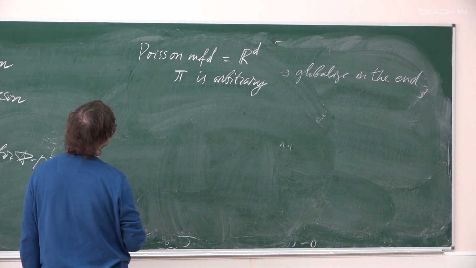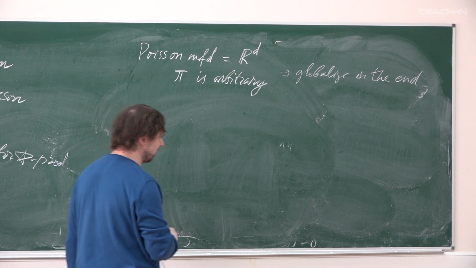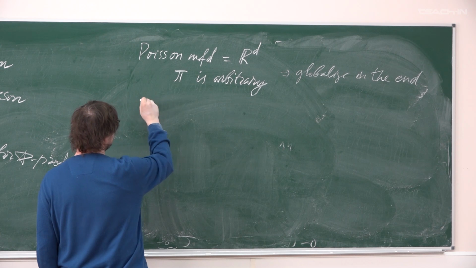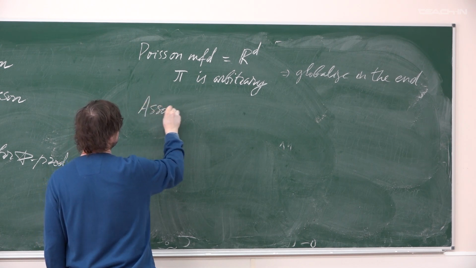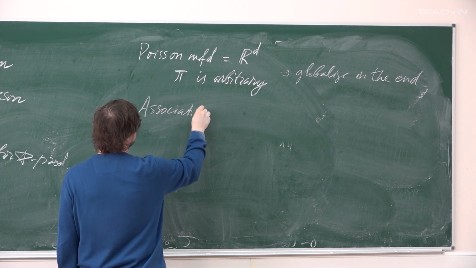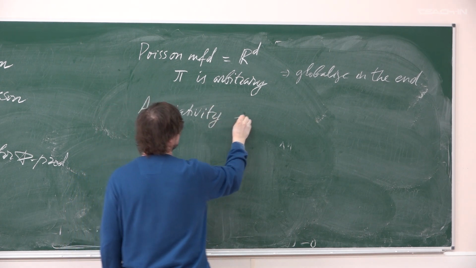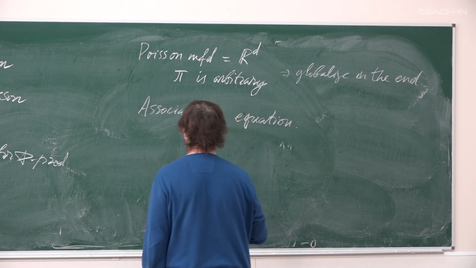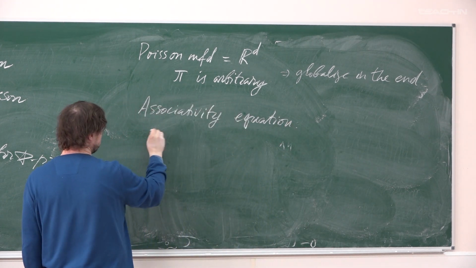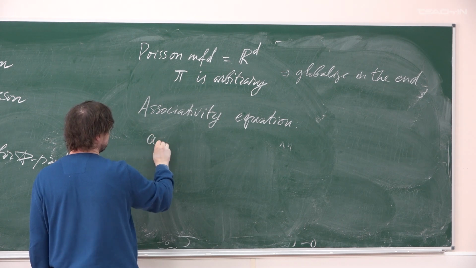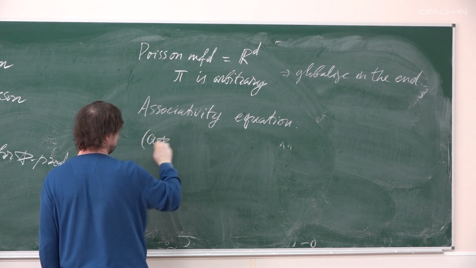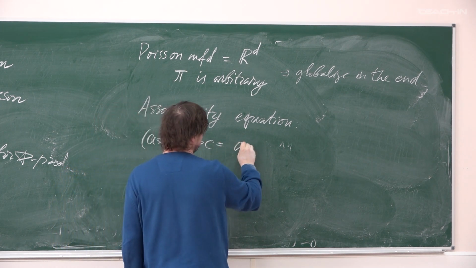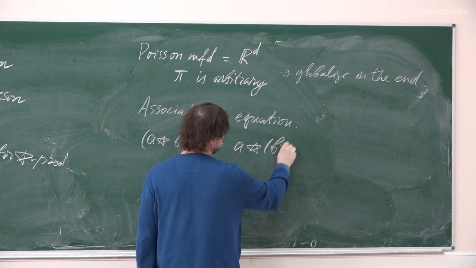In order to explain Kontsevich construction, let us consider again the associativity condition, the associativity equation. We have the equality (A times B) times C is equal to A times (B star C).